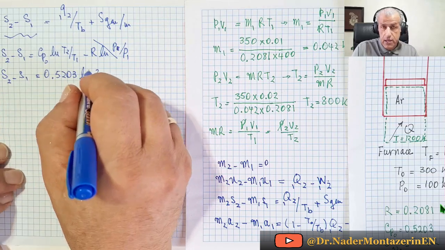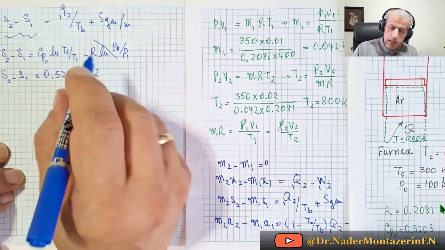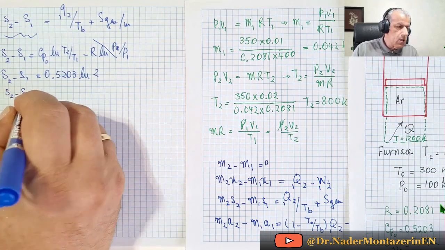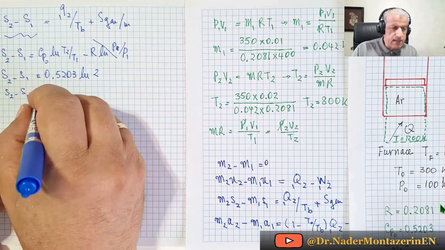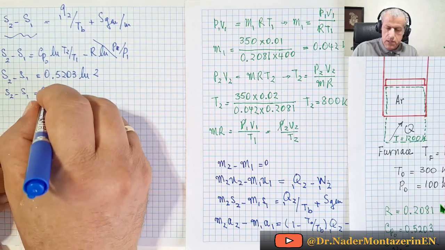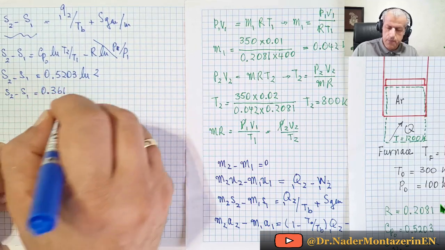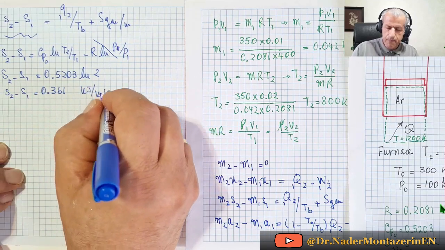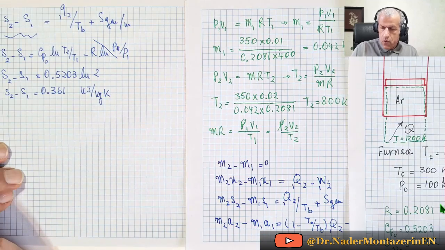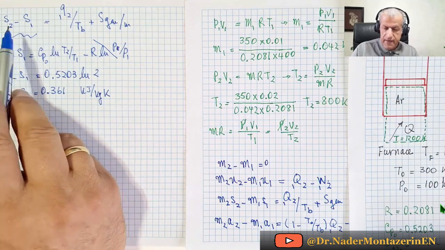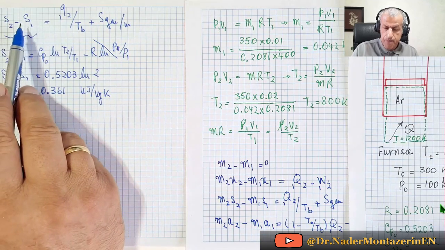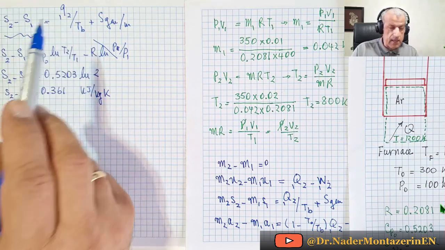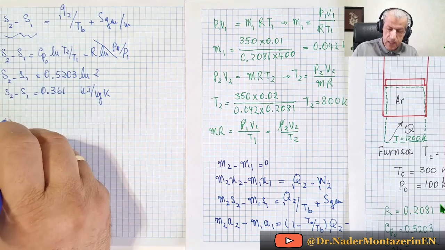It's 800 over 400, and therefore S2 minus S1 would equal 0.361 kilojoule per kilogram Kelvin. Okay, now we have calculated this term. We have Q and TB, so we can calculate S gen.